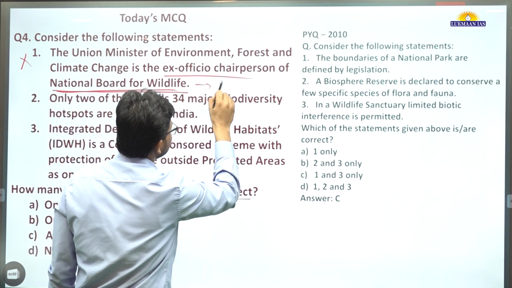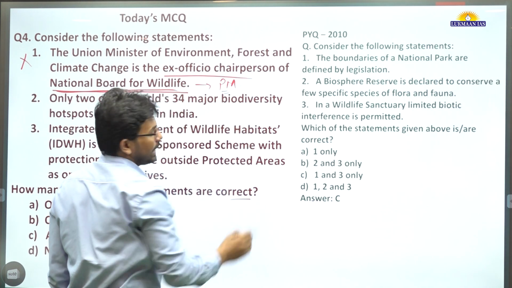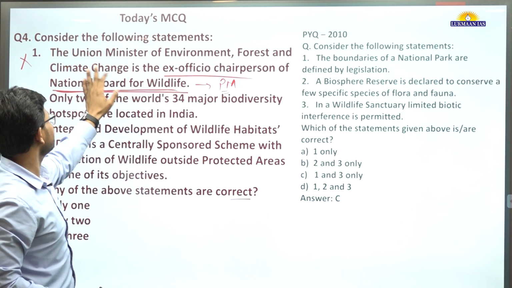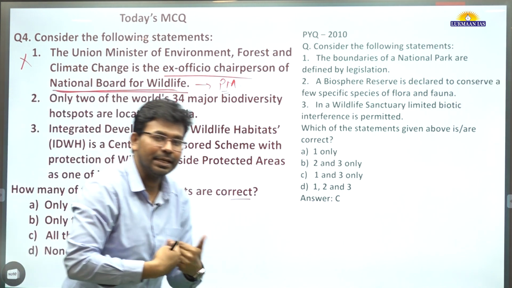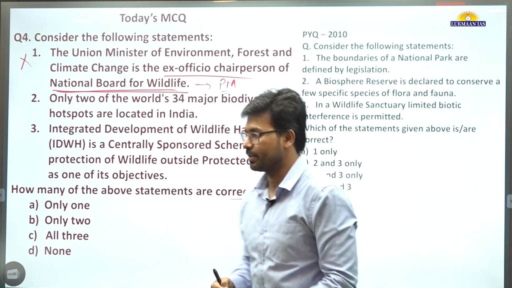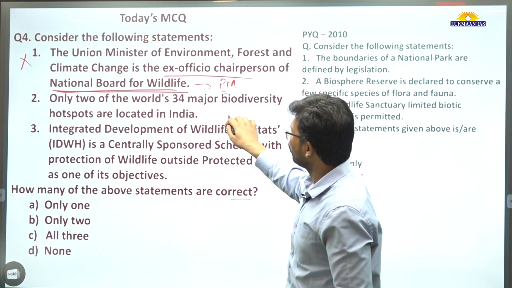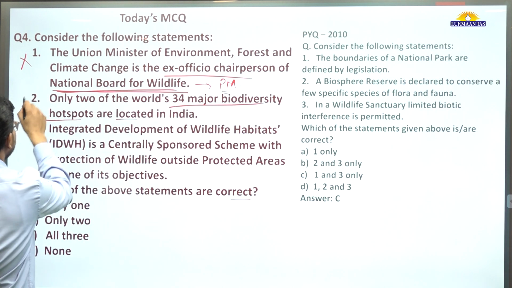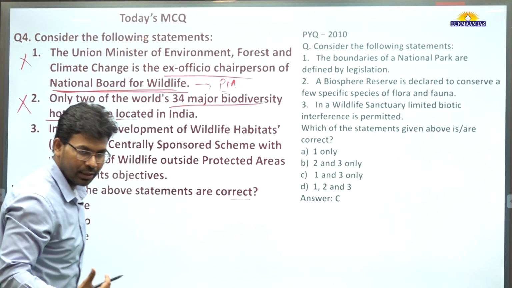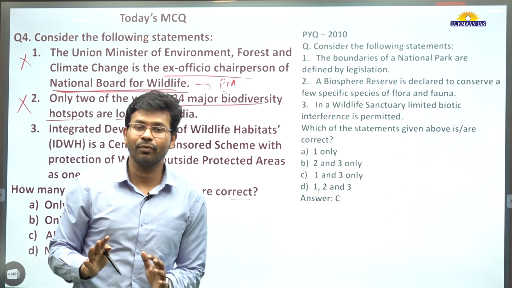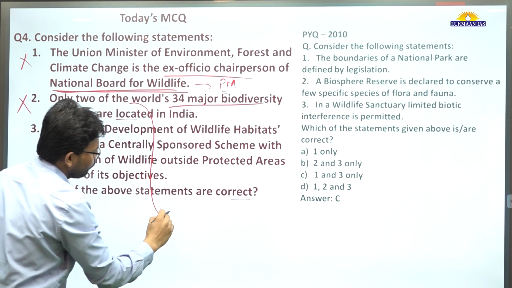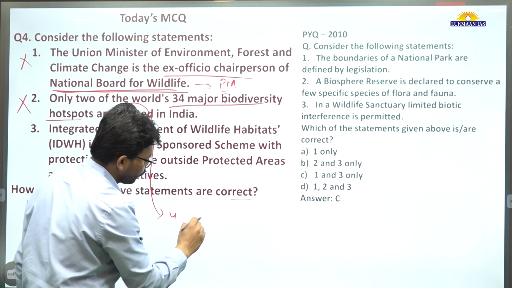Basically, the Prime Minister of India is the ex officio chairperson, and the Union Minister of Environment, Forest and Climate Change is vice chairperson. Next: only 2 of the world's 34 major biodiversity hotspots are located in India. In the world there are 34 major biodiversity hotspots, and out of them 4 are in India. What are those 4?